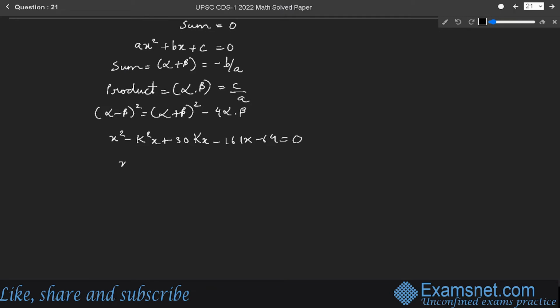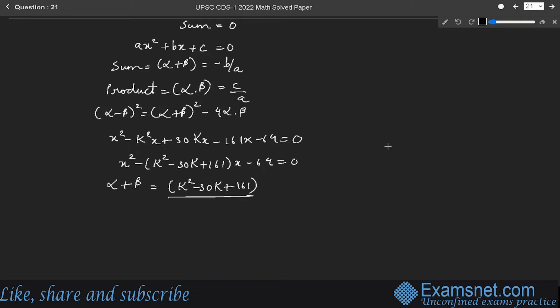It can be written in this form: x square minus (k square minus 30k plus 161)x minus 64 is equal to 0. Taking x common, it means that alpha plus beta is equal to (k square minus 30k plus 161) upon 1, which is equal to 0.